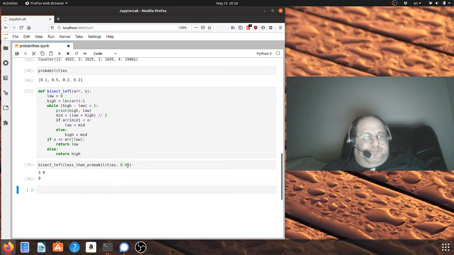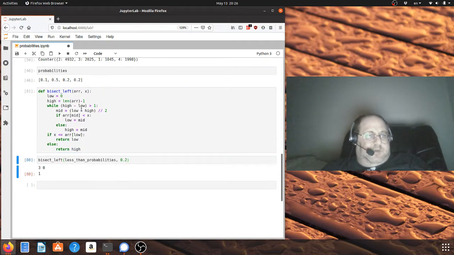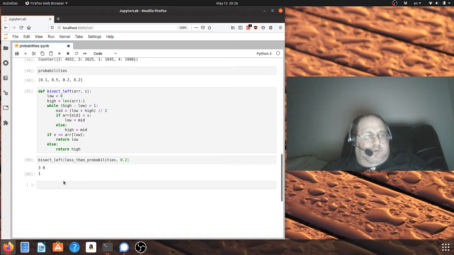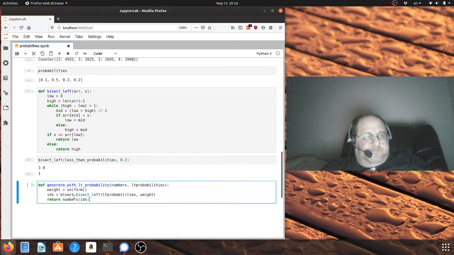Okay. This is still 0, but if we do 2, excellent, and we can remove the print here. And now let's copy this function and remove the bisect.